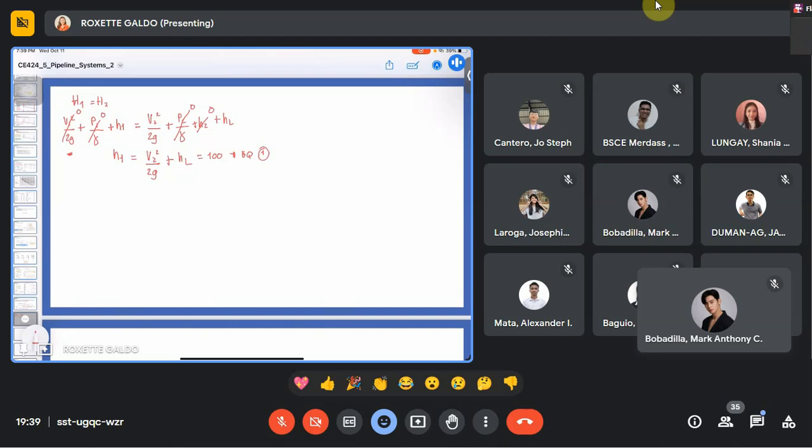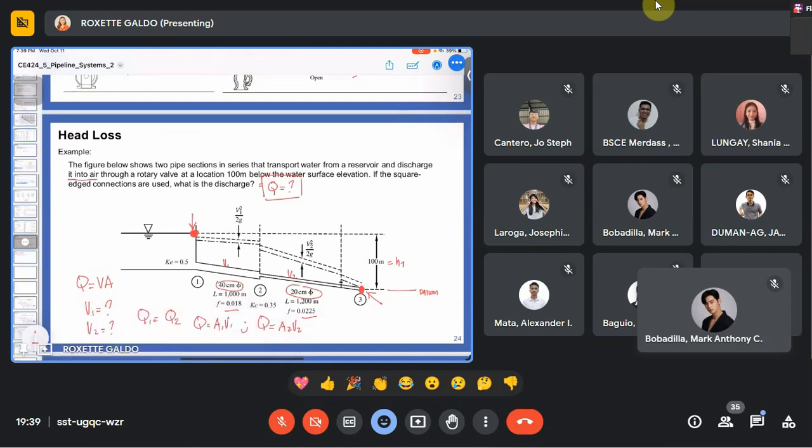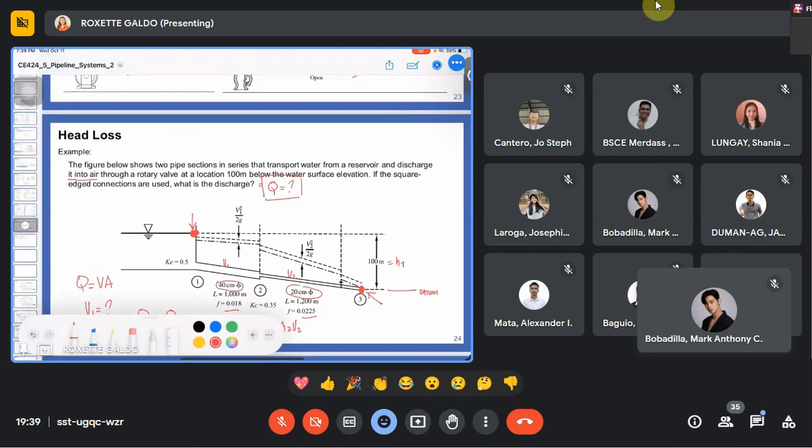HL is the total head loss. Now let us determine in the problem what the possible head losses are. At the entrance of the water from the reservoir to the pipe, we have head loss due to entrance.